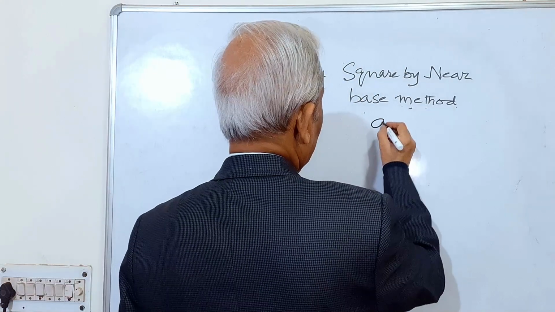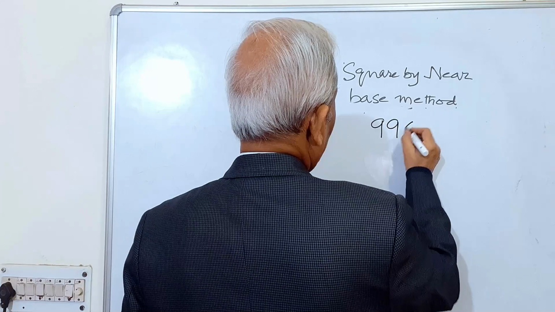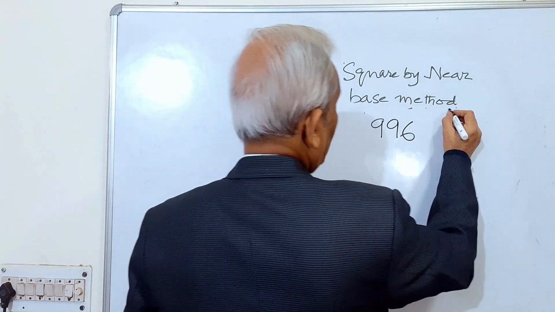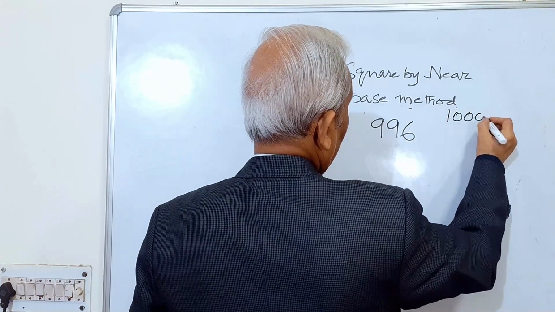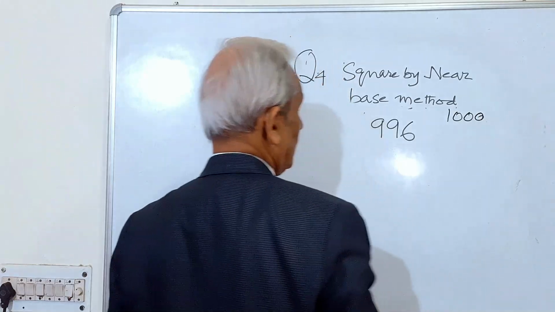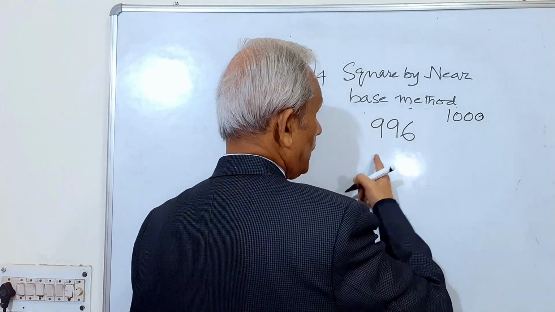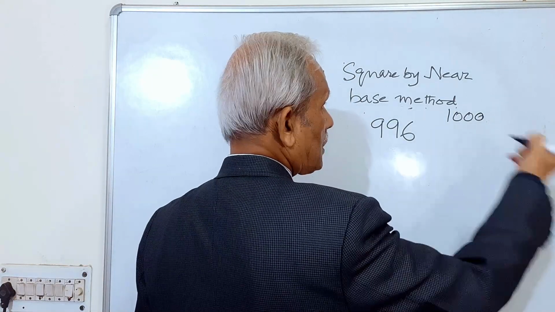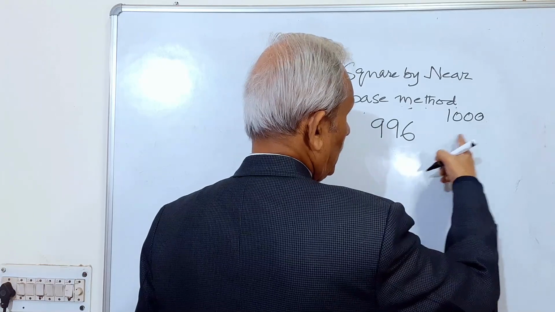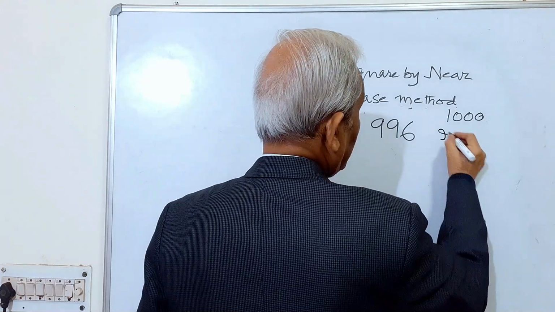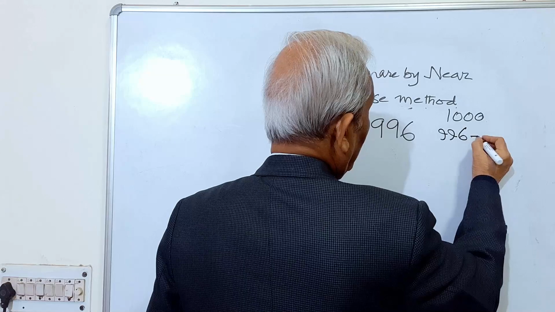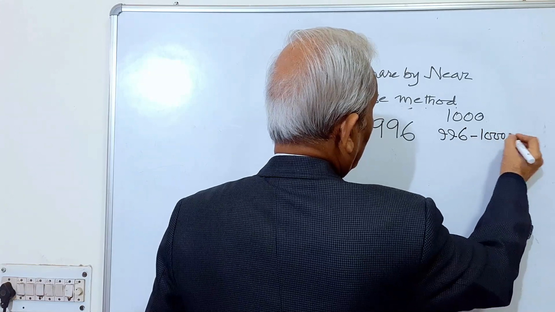996. Tell me what is the base? The base here is 1000. So there are 3 zeros here, remember it. Now for 996, what is the difference from the base? It's minus 4 because 996 minus 1000 is minus 4.